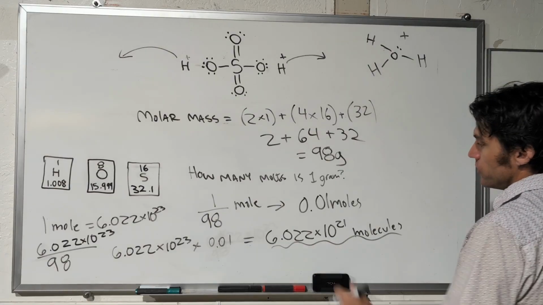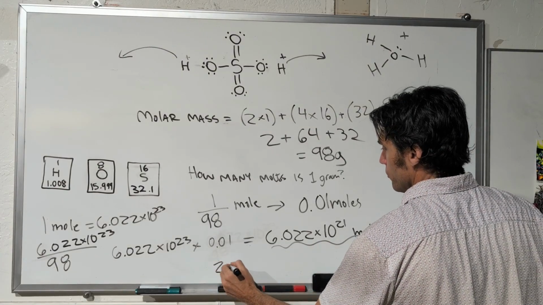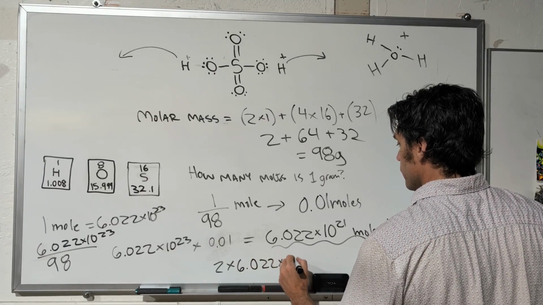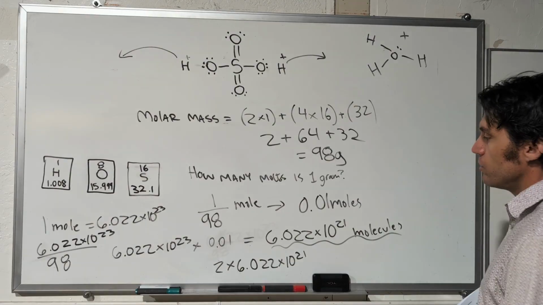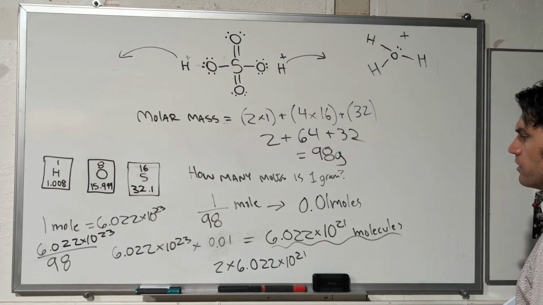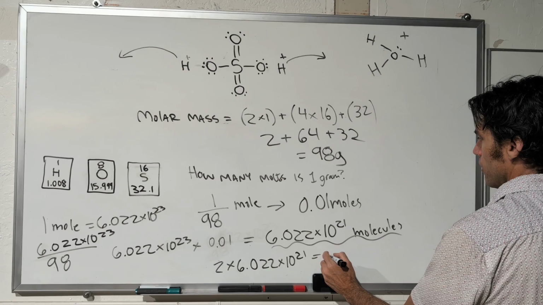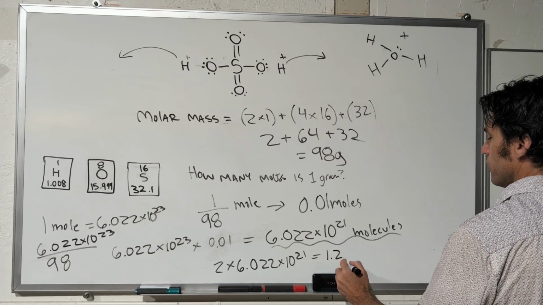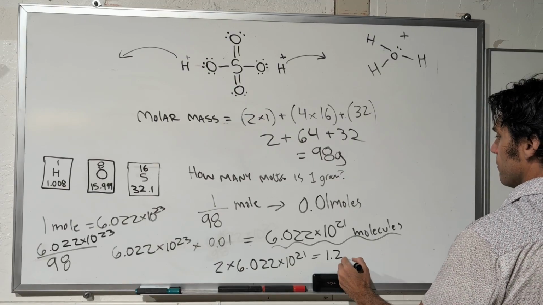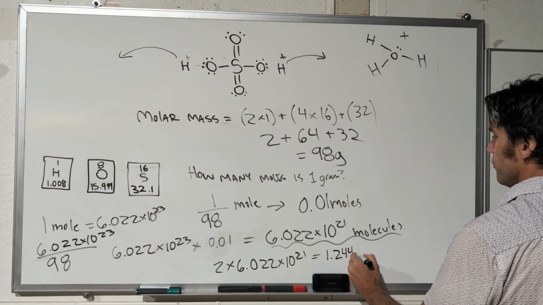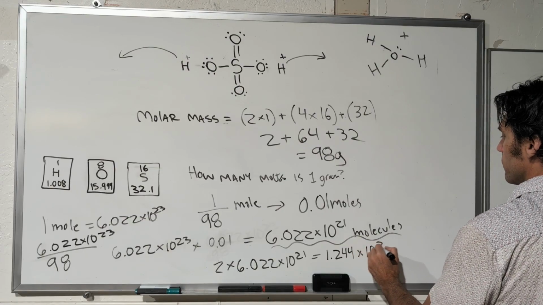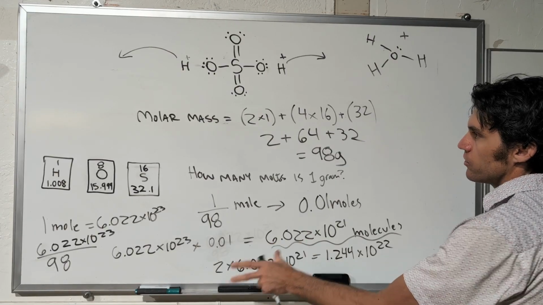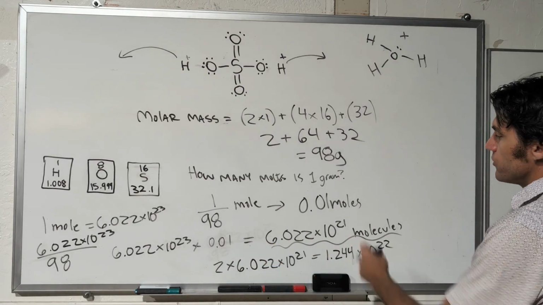So if both of those hydrogens leave, then that's just 2 hydrogens for each of the molecules, and there's this many molecules, so we just do 2 times 6.022 times 10 to the 21, which I believe is gonna be 1.244 times 10 to the 22nd, because when you multiply 6 times 2, it goes into 12, so that adds another decimal place.